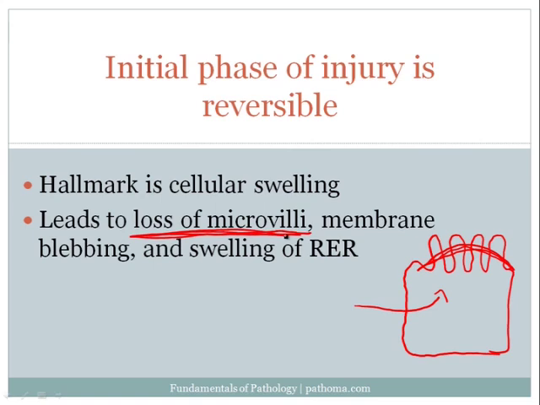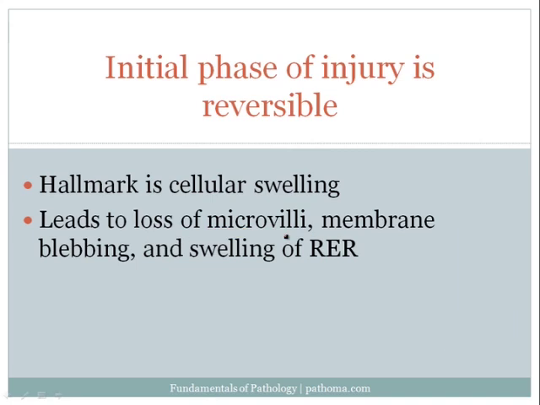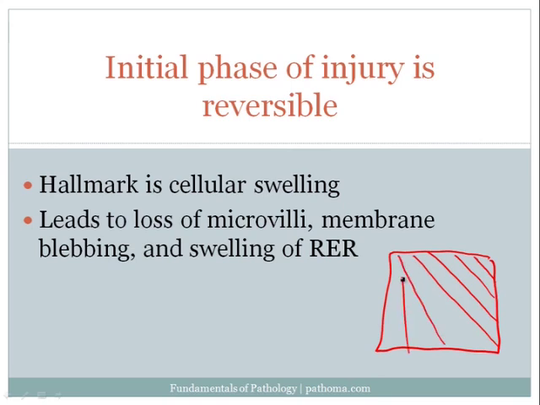Another important feature of reversible injury, which again goes back to cellular swelling, is membrane blebbing. Let's remind ourselves that the cell contains something called a cytoskeleton, which maintains the size and shape of the cell, but also maintains the integrity of the membrane along the surface of the cell.